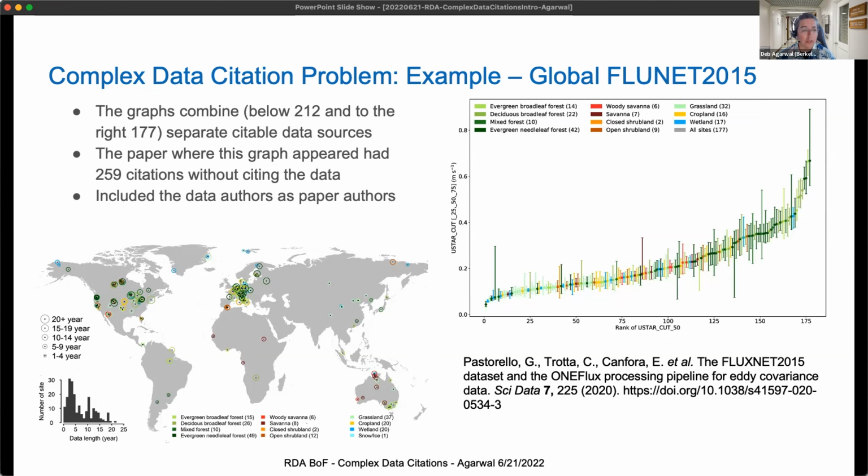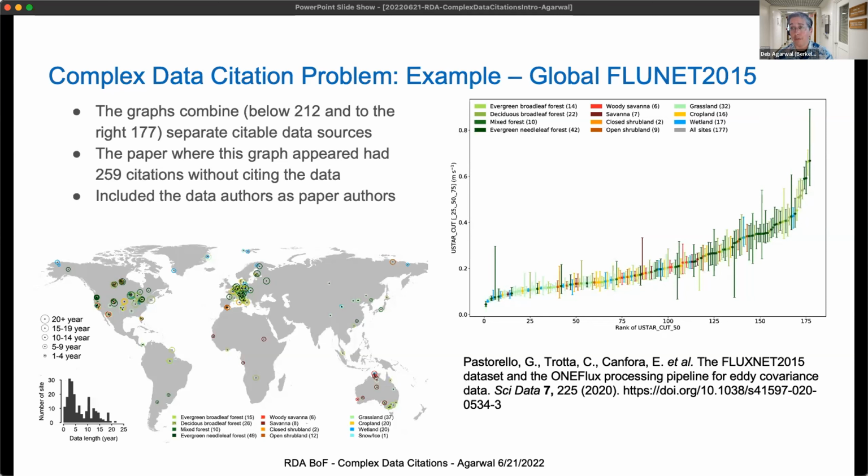And this is just one example of a paper that we had that exhibited this problem. In this case, the figure on the right is actually based on 177 sites worth of data from the global FluxNet. And for those 177 sites, the requirement for utilizing their data is that you must cite them, which means 177 citations that should have been there in that paper.